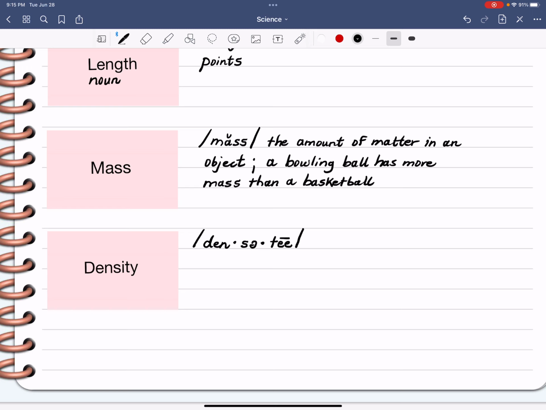Density is how tightly packed. You could also use the word compact. How tightly packed matter is, and I'm going to leave it there. I don't want to make it too complicated. It's how tightly packed matter is.